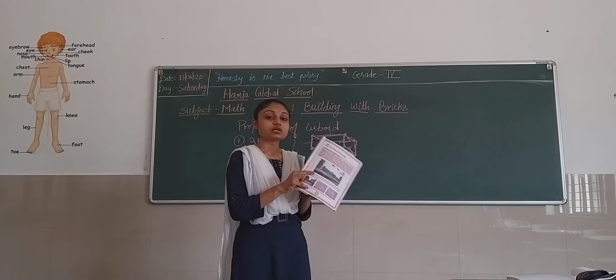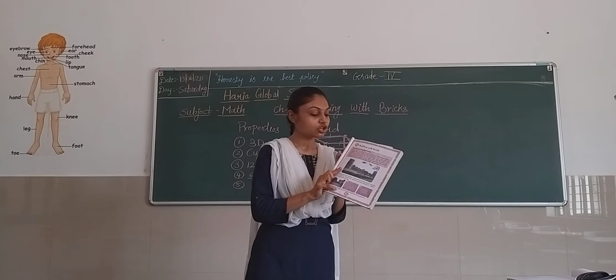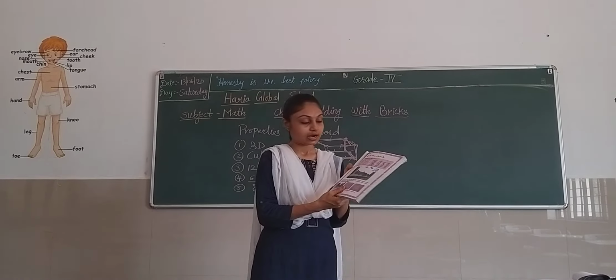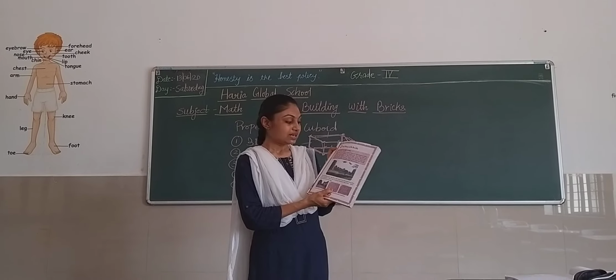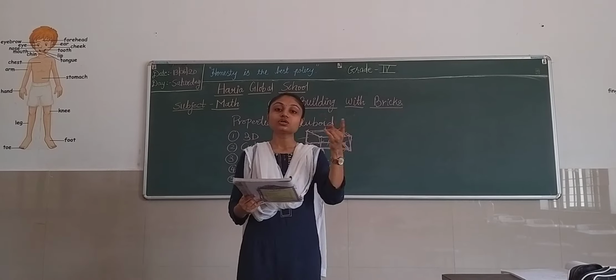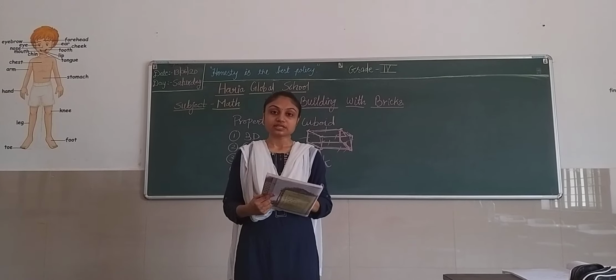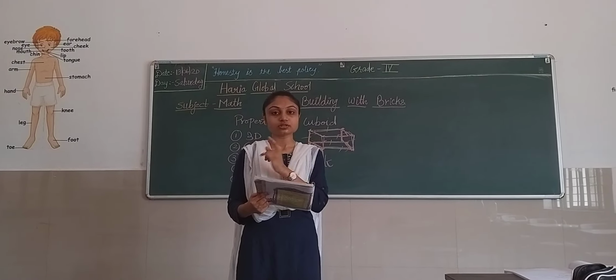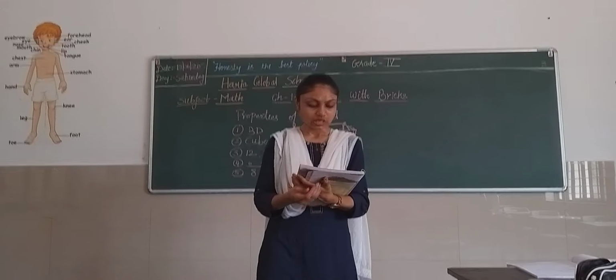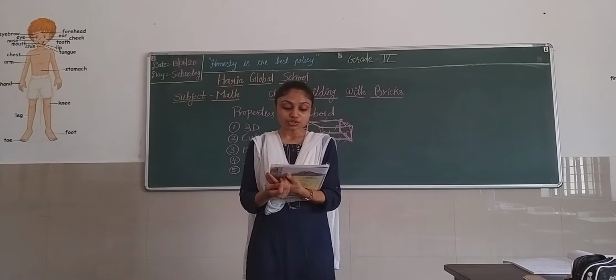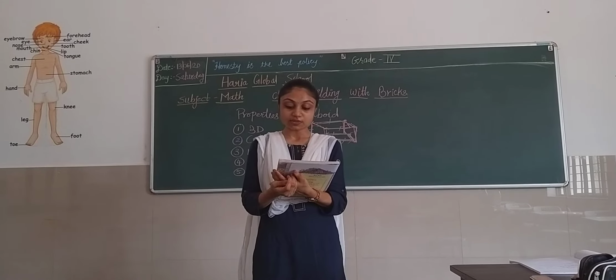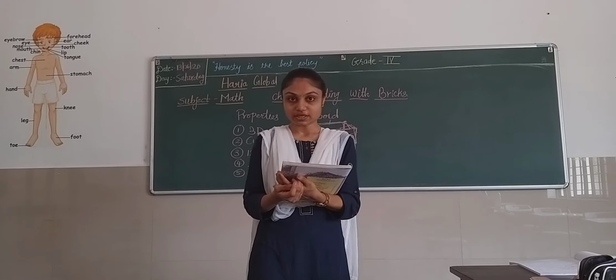Now first, on this first page you have your first paragraph, brick patterns for Jagriti school. You have to put your finger wherever I am reading. You also have to read with me. Now, brick patterns for Jagriti school. This is a true story of Jagriti school in Murshidabad, West Bengal.